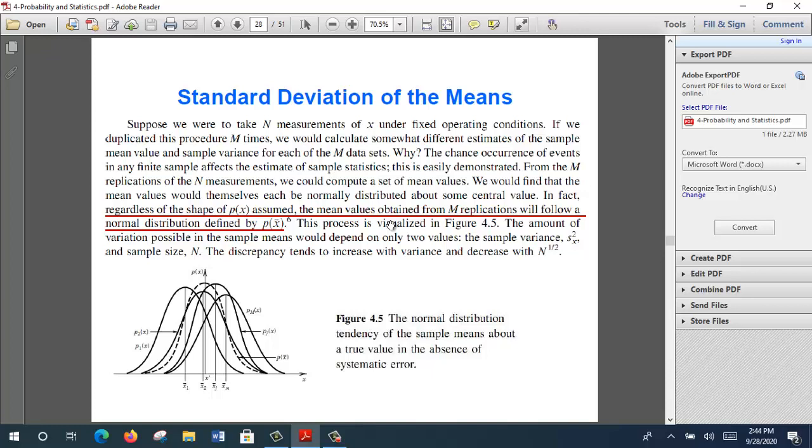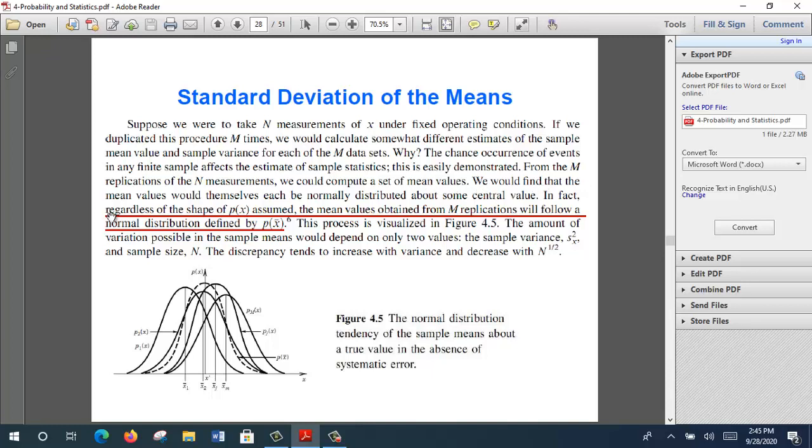This is because the chance occurrence of events in any finite sample affects the estimate of the sample statistic. So that is the answer. This is easily demonstrated. Okay, so we look at the example. From the n replications of the n measurements, we could compute a set of mean values.